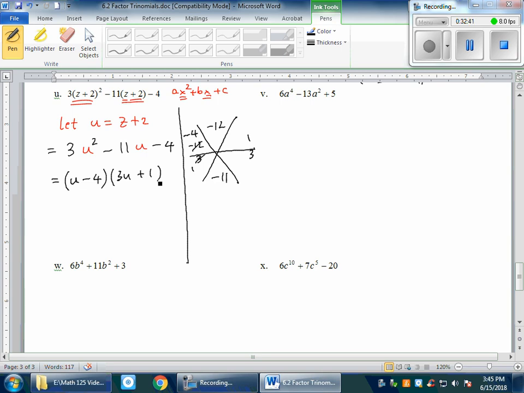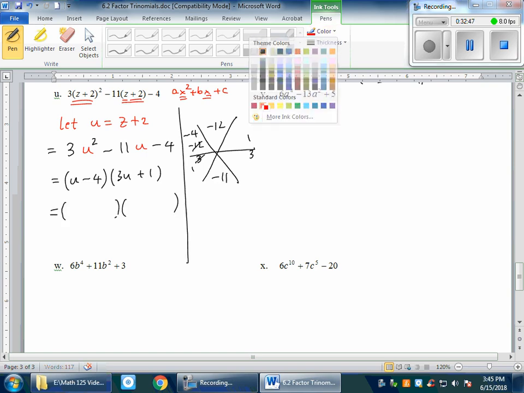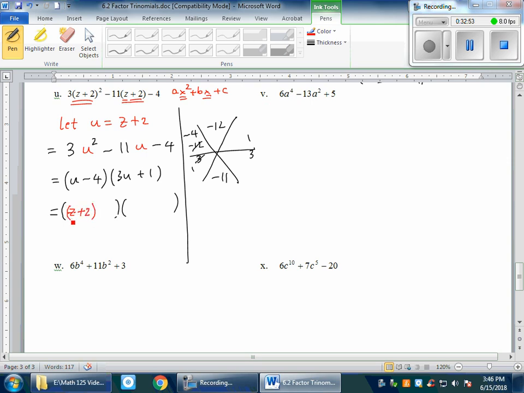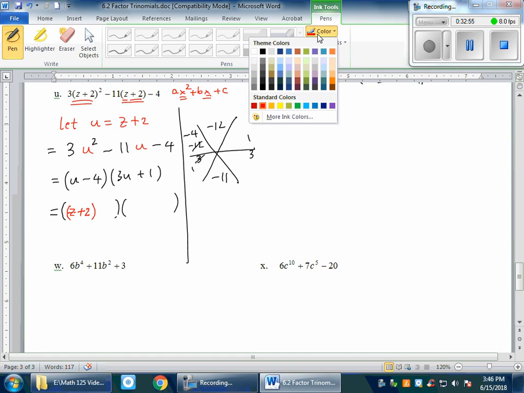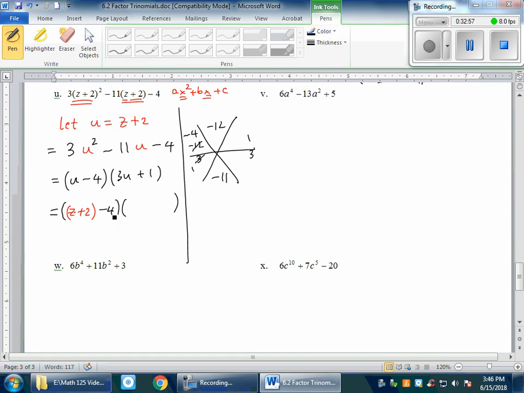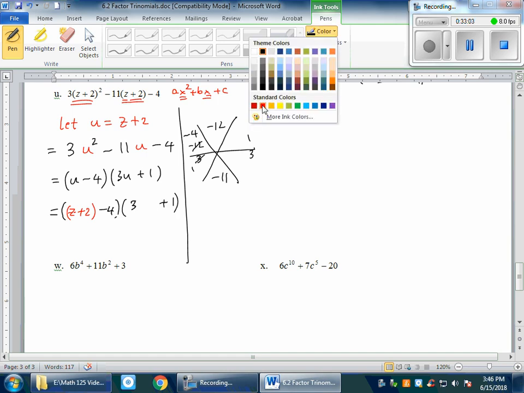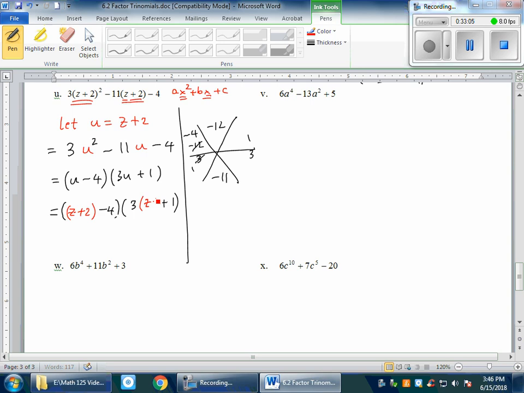So now, putting back together, my u is basically represented by z plus 2, so it'll be z plus 2, right, minus 4, and then 3 times z plus 2, right, 3 times z plus 2, and then plus 1.